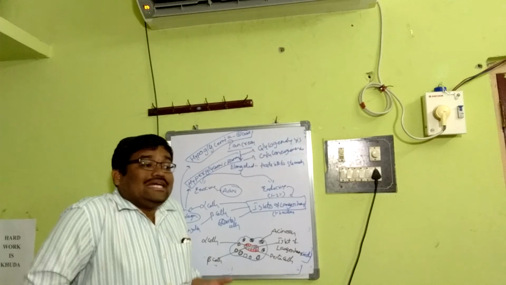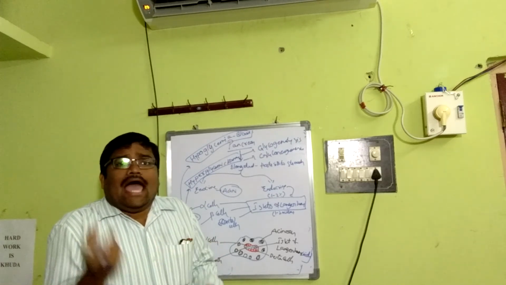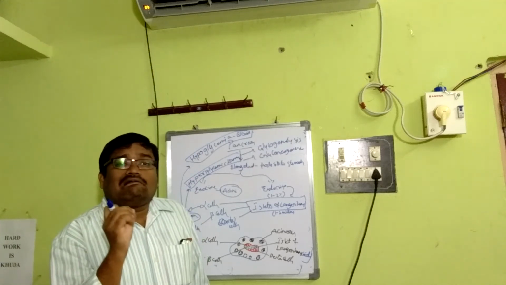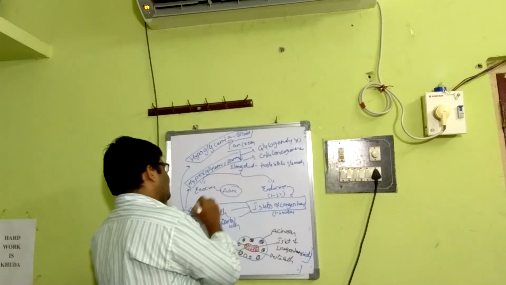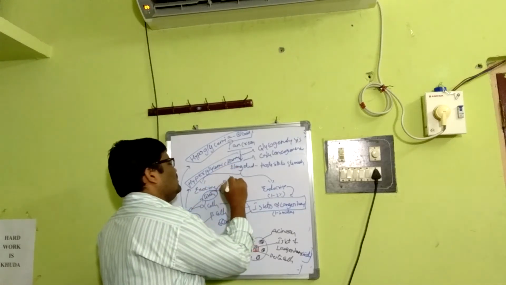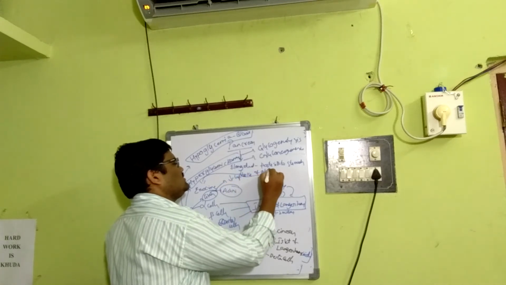All this is to increase the blood glucose level, and it also inhibits the uptake and utilization of glucose by the cells. Its target organ, the principal point, is the liver. Majorly it focuses on the liver and reduces the uptake of glucose by cells.